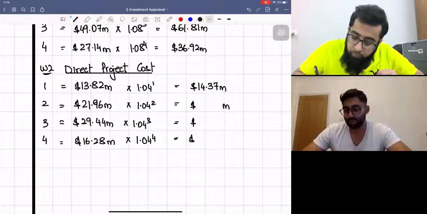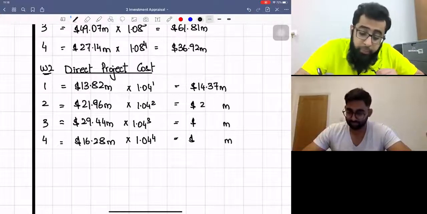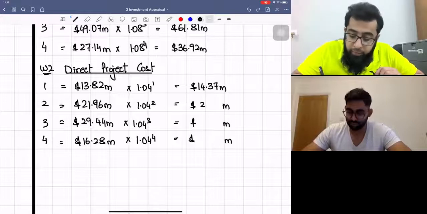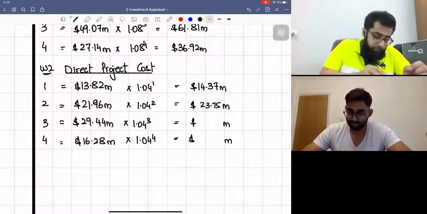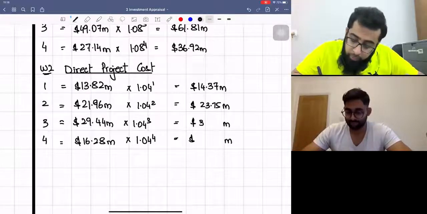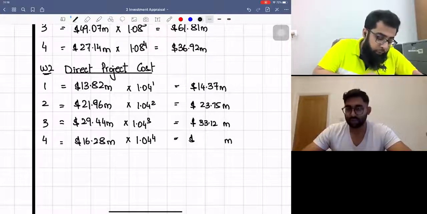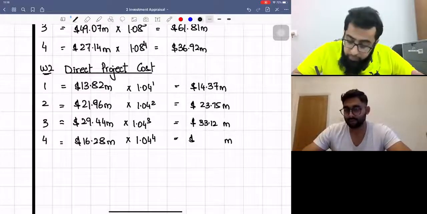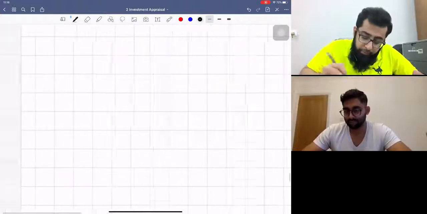Next one is 23.75. Then 33.12, and 16.28 into 1.04 power 4 is 19.04.